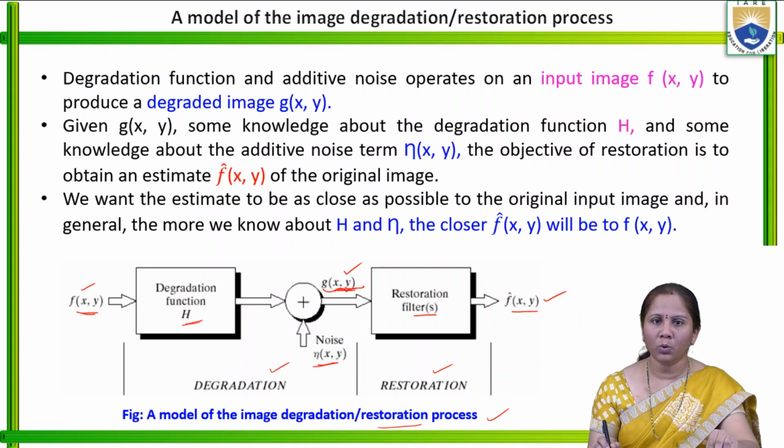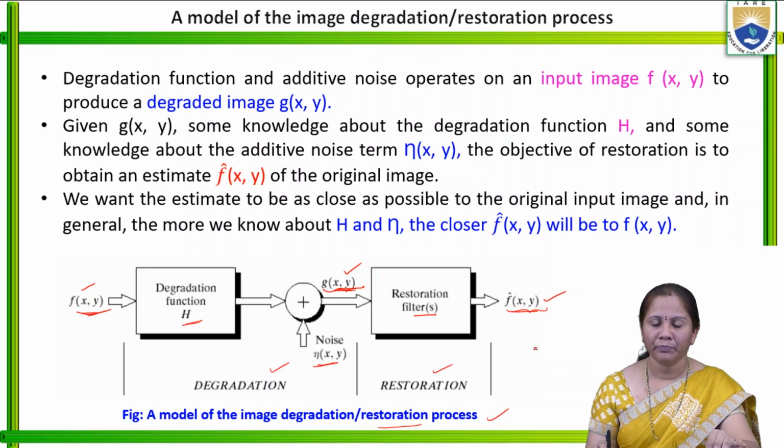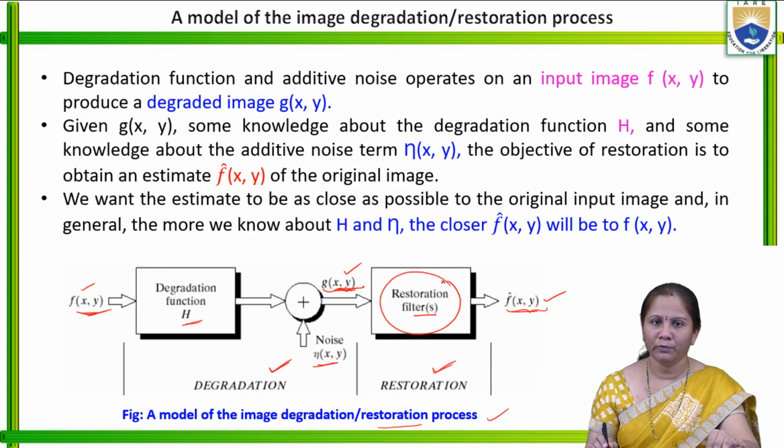The main goal of these restoration filters is to get the estimated output equal to the original image. Inverse filter and Wiener filter come under these restoration filters, which are used to retrieve the information present in the original image.